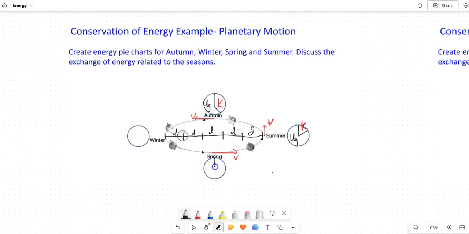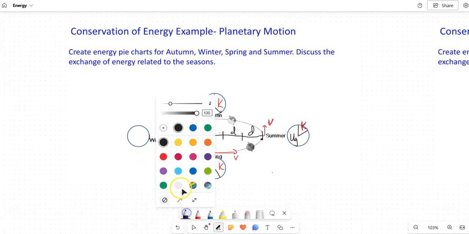And what that means is in the spring, since it has the same velocity and it's the same distance from the sun, so those distances are the same, it'll be moving at the same speed, which will be faster. And then when we get into winter, the opposite is going to be true.